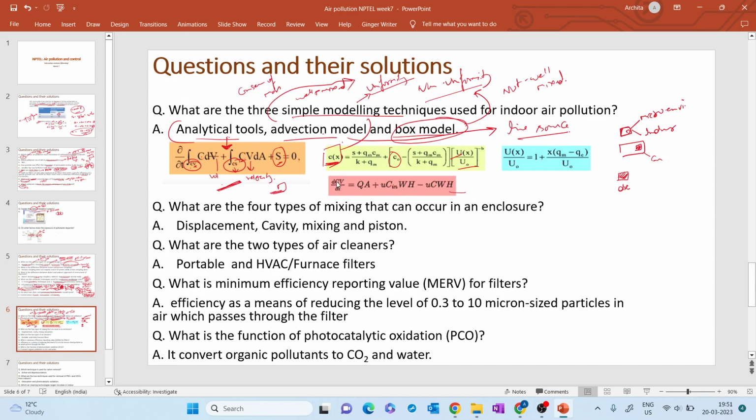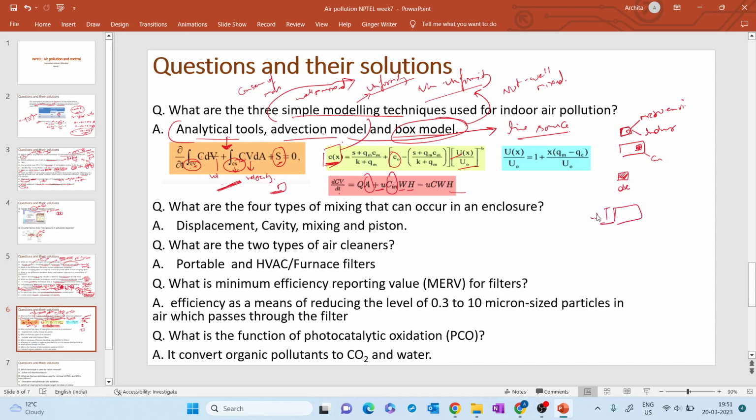It says that the change in concentration with respect to time depends on the emission rate, change with area, how much, with what speed, how much pollutant is entering. This is the width and height of the box.